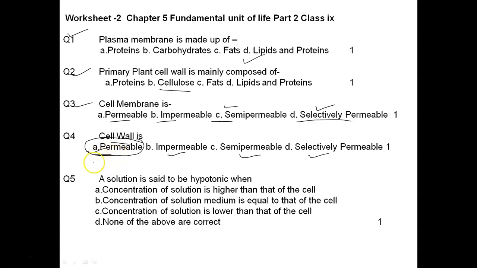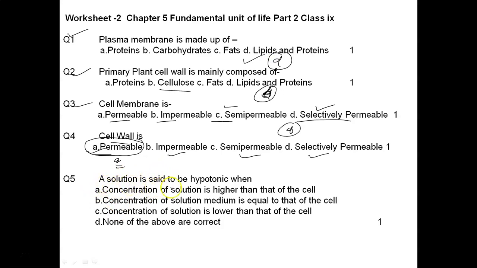So this is the answer A, right? Here is the answer D. Here is the answer D. And here, the primary plant cell wall is made up of cellulose. Here is the answer B. And here the answer is lipids and protein, that is D. Okay. So the last question.